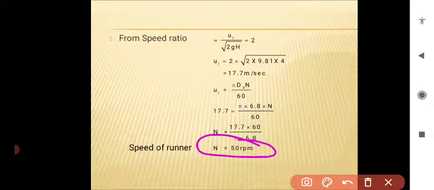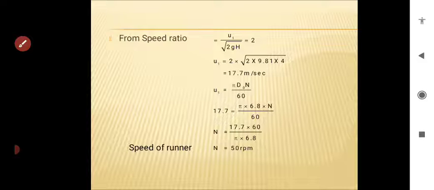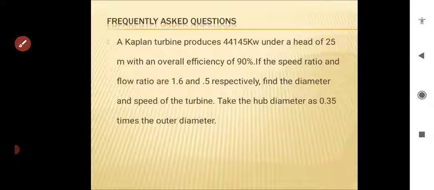I hope all of you understood this problem. These are frequently asked questions for your assignment, so you have to solve them for homework or for practice. A Kaplan turbine produces 44,145 kilowatt under a head of 25 meter with overall efficiency of 90%.